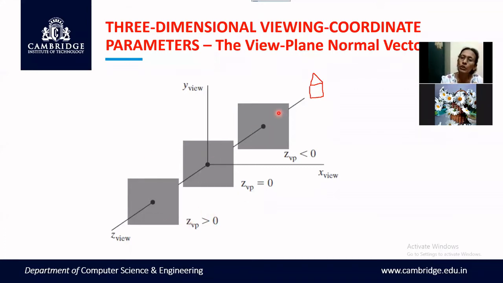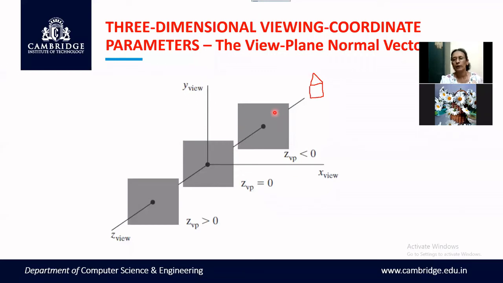ZVP is the position along the z-axis where we are placing the view plane. It has nothing to do with the object. This object will be projected onto this view plane. So where we are placing the view plane, that z coordinate position, is ZVP. We are not considering the object right now.